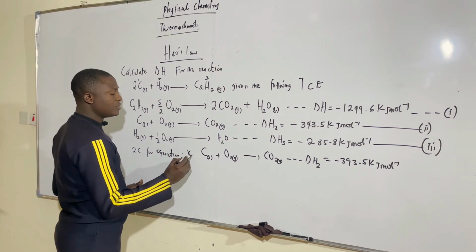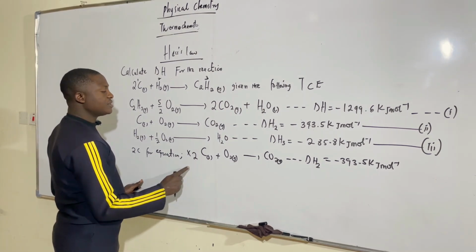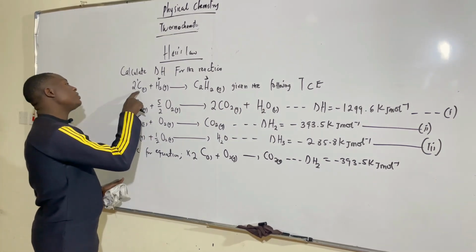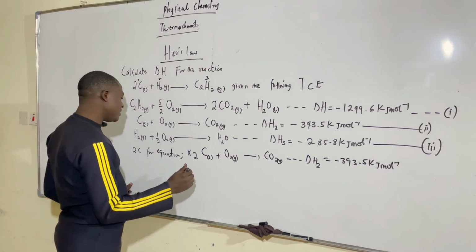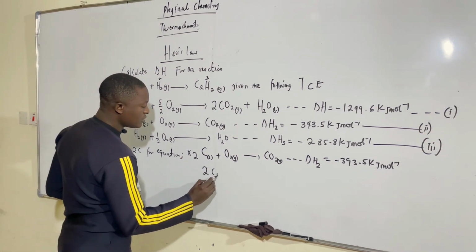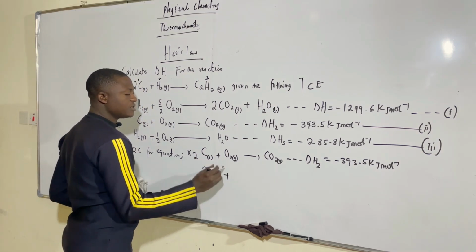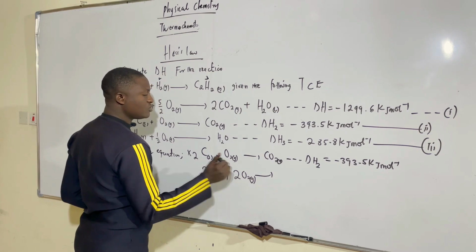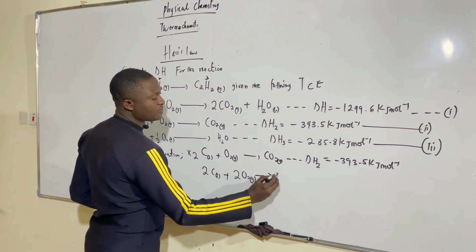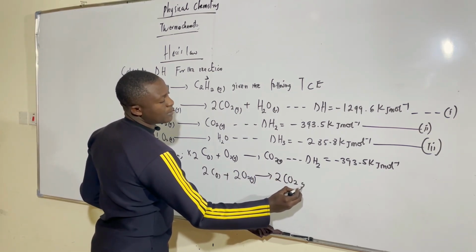Why do we multiply by 2? Because in the one we are looking for, you can see we have 2 there, and here we have 1. So 2 times C, here we have 2 carbon solid. 2 times this, and we have 2 oxygen gas. 2 times CO2, and we have 2 CO2.